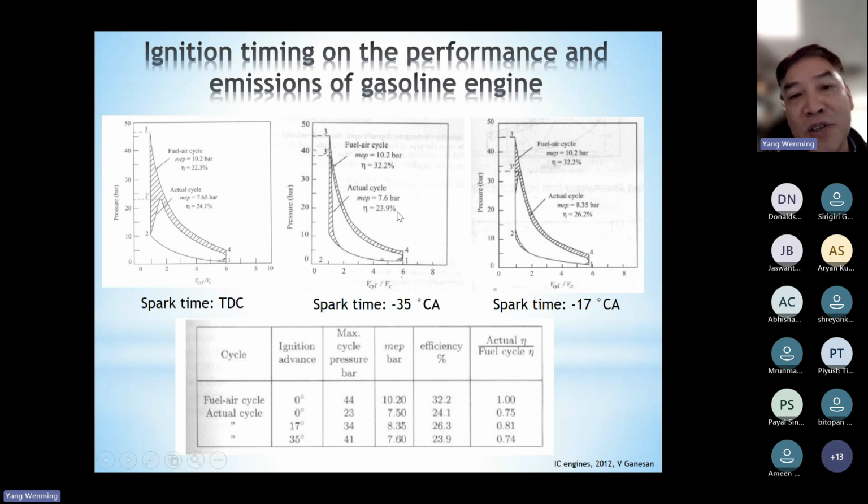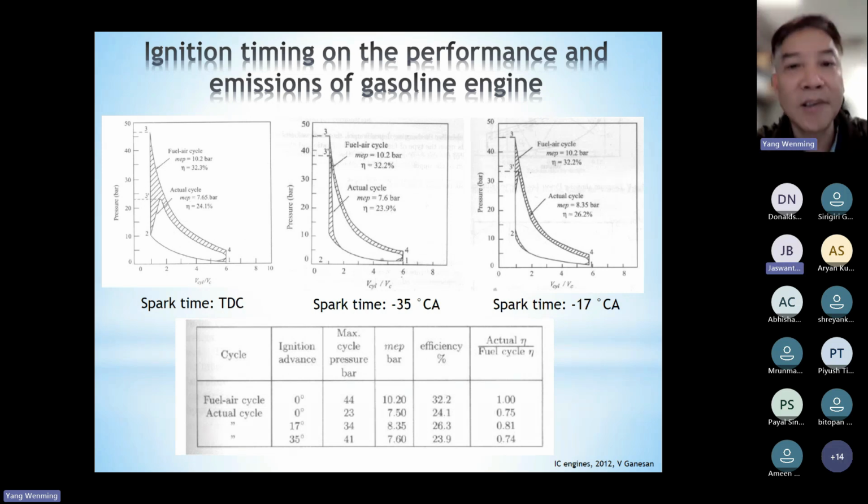So why is it like this? Anyone else? Complete burning of fuels. Mm-hmm. In the last case, the complete fuel is burned.